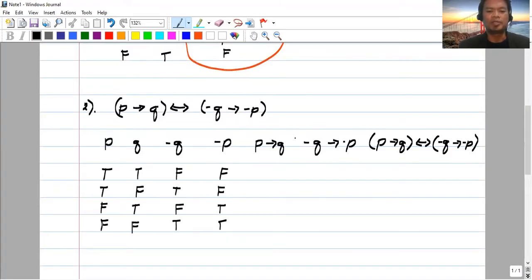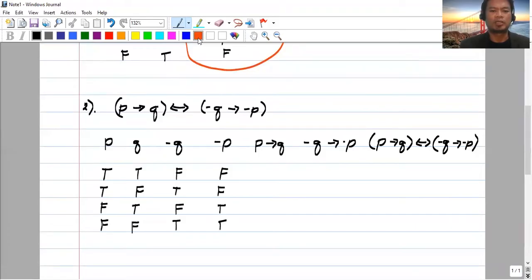So P implies Q means that the conditional statement is false when the first proposition is true and the second proposition is false.